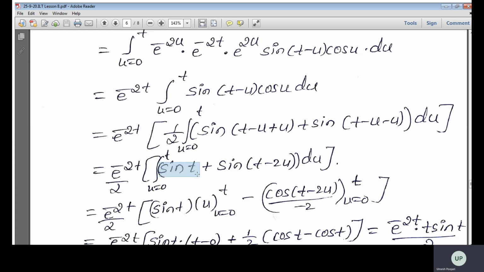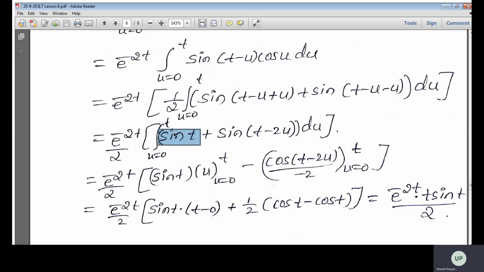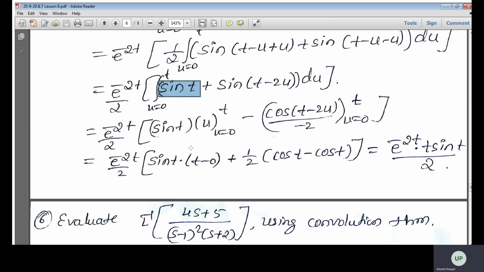There is a single term sin t and it is independent of u, so it acts as a constant. Integration of sin t into 1 is u between 0 and t, and integration of sin of t minus 2u will be minus cos of t minus 2u divided by minus 2 between 0 and t. Now substitute the limits.